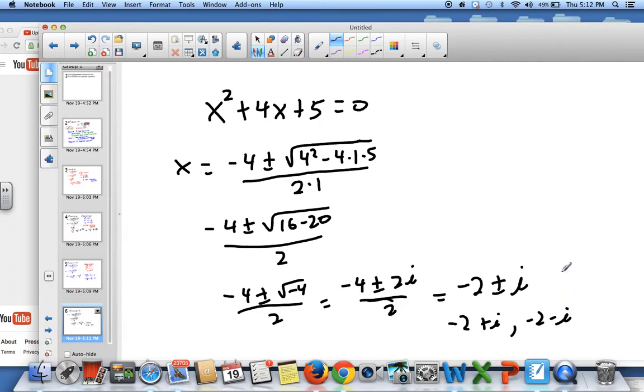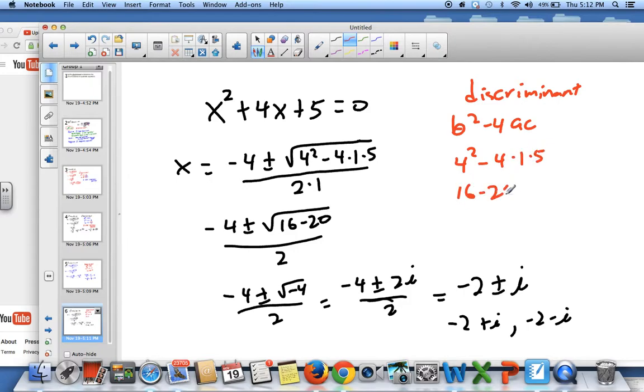Now, if I were to do it just to find the nature of the solutions, again, I would use the discriminant. In that case, I'm going to say b squared minus 4ac. That's all I'm looking at, the part that's under the square root sign. It's going to be 4 squared minus 4 times 1 times 5, which is 16 minus 20, which is negative 4.